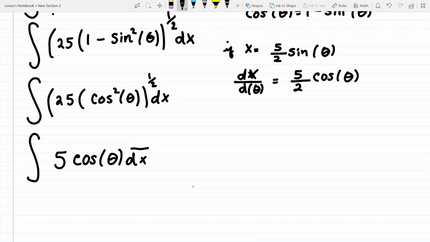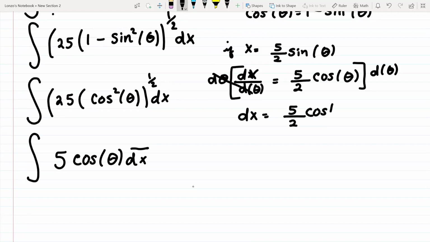So we want to get dx by itself, so I'm going to multiply both sides by d theta. Okay, so the d theta cancels, so you're left with dx equals 5/2 cosine theta d theta. So I'm going to replace that dx with 5/2 cosine theta d theta.